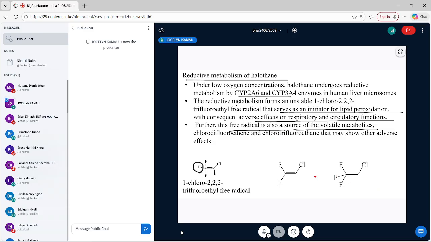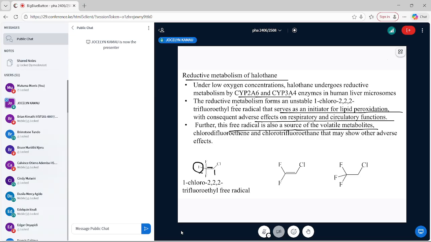So here you do not lose the fluorine. It is just a matter of the free radical somehow joining or extracting an electron from another part to give us the chloro-trifluoroethane that may show also other adverse effects.